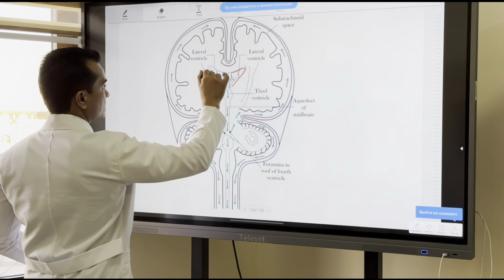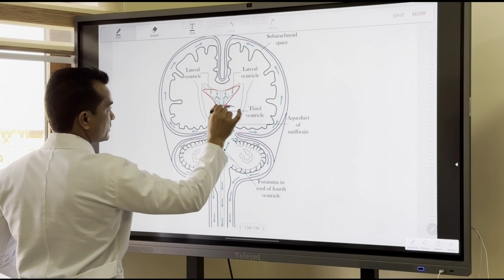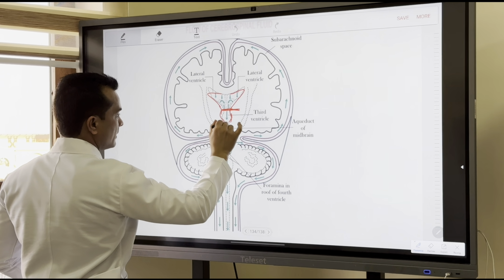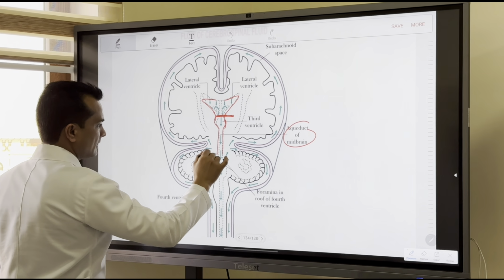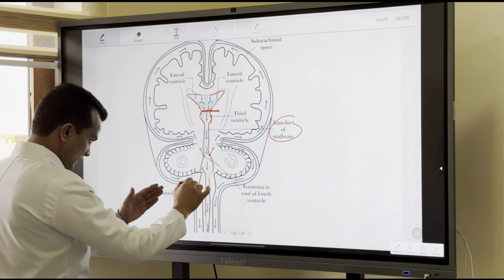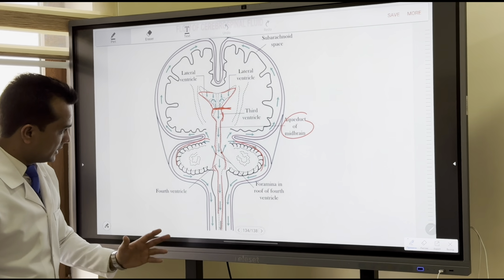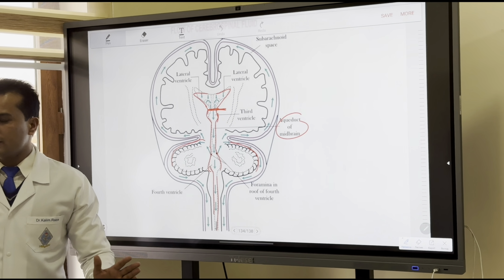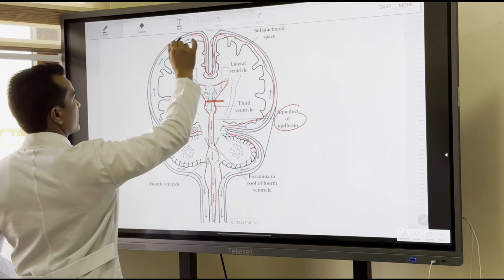Through the foramen of Monro, CSF comes into your third ventricle. This is the aqueduct of Sylvius in your midbrain, to your fourth ventricle, and then through the fourth ventricle to the central canal and subarachnoid spaces. On the lateral side you have the foramina of Luschka, two of them. On the medial side you have the foramen of Magendie, and then it flows to your entire subarachnoid spaces.